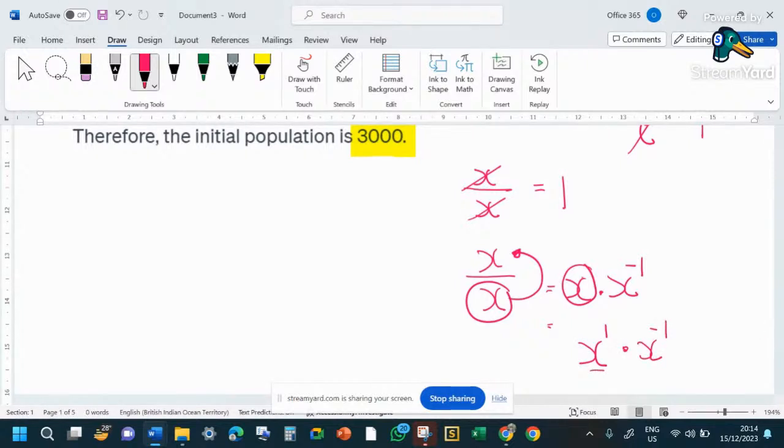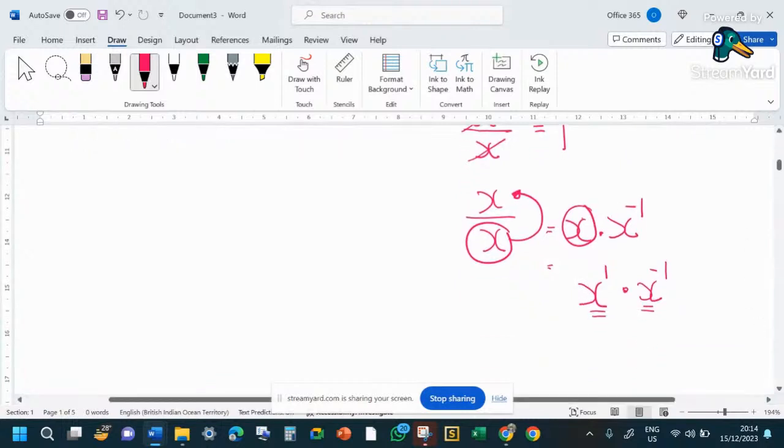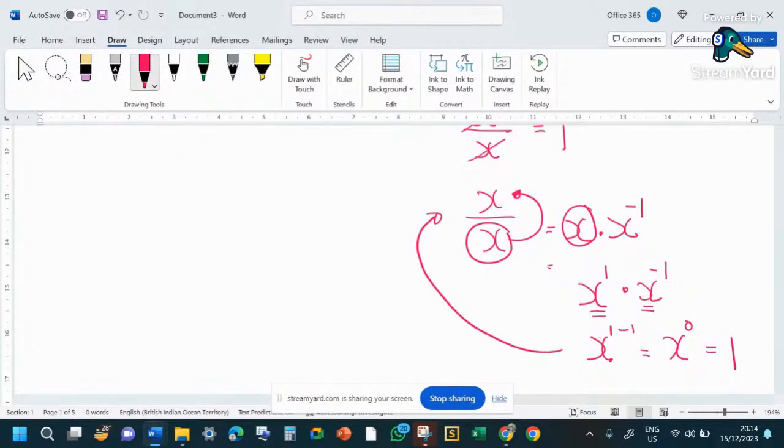We have the same base, so we just copy the base and the exponents will be added: 1 minus 1. So this will become x to the 0, which is equal to 1. Why equal to 1? Because it came from x over x, which is equal to 1.